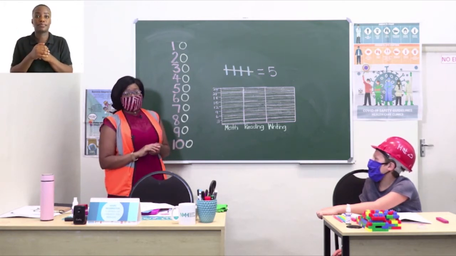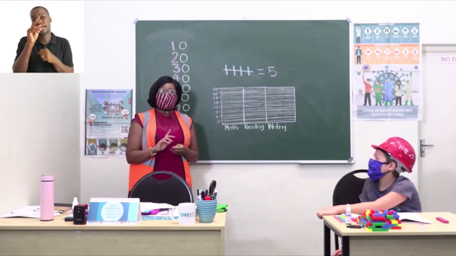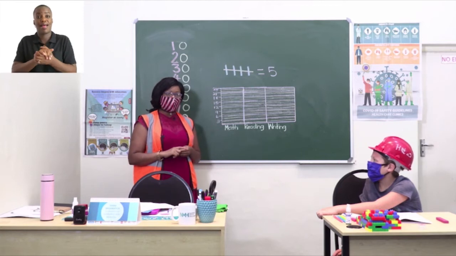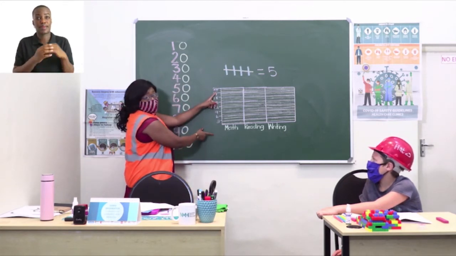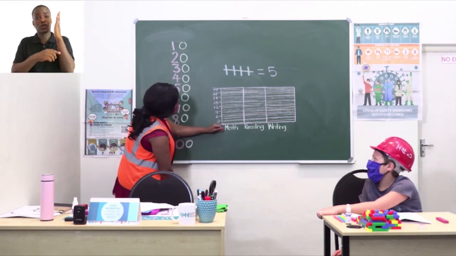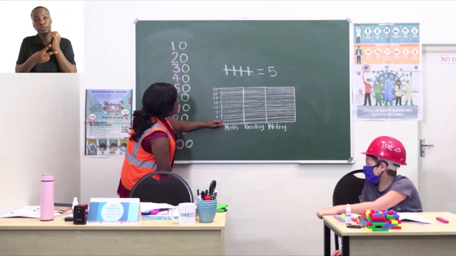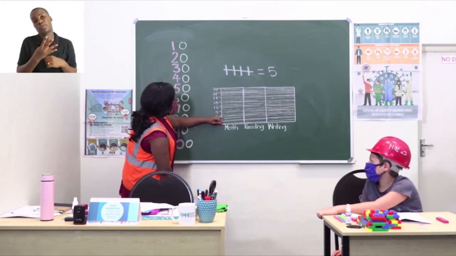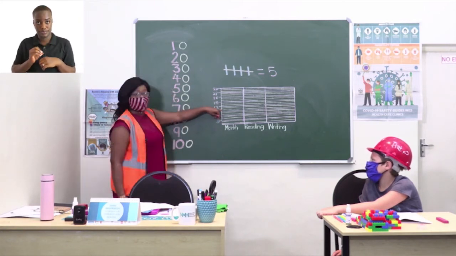Now we know that Navada has 10 of her classmates that like the subject maths. So we are going to take a look at the bar graph, and then we are going to count from 0, 1, 2, 3, 4, 5, 6, 7, 8, 9, 10.